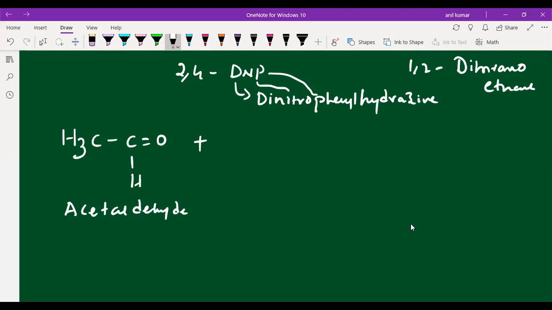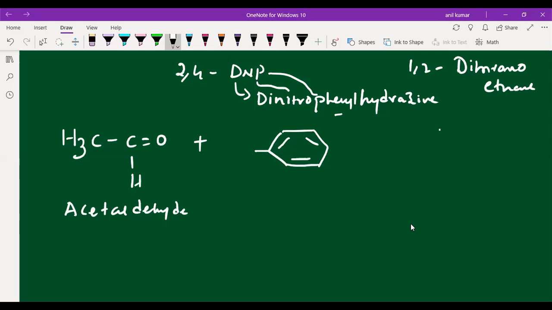I will draw the structure. Phenyl group you already know. Phenyl group means you remove one hydrogen from benzene. So this is our benzene ring. You remove one hydrogen, and we call it phenyl. Next, dinitrophenylhydrazine.